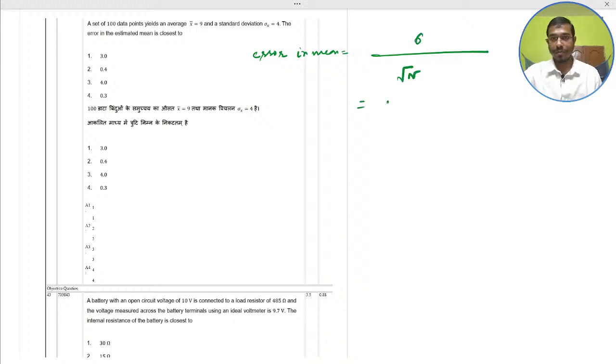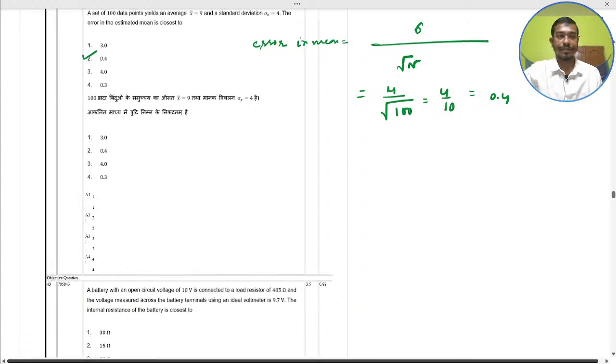Put this value: this is 4, and root over n, 100 data points. So 4 by 10, 0.4 would be the correct answer. Option 2 would be the correct. Next.